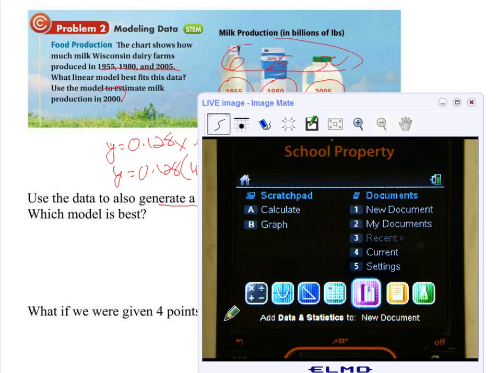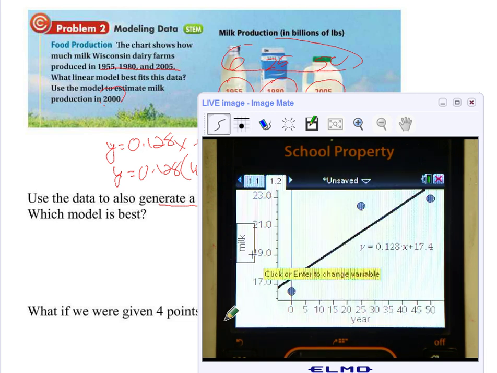Explain it on the graph. Here's 45 right here. If I go up, there's my y value that I just found, which is higher than these two guys here. So is that okay? Yes, it is okay. Why is that okay?